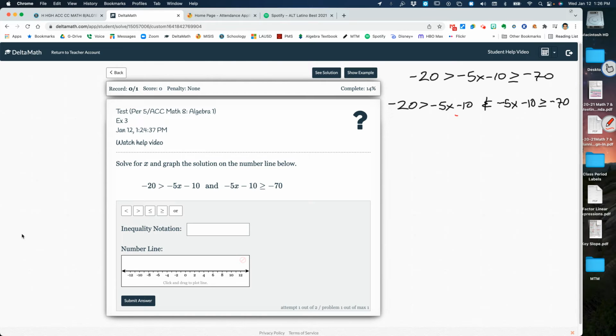Okay, so on both of them I have to add 10, right? So I'm going to do that on both of these. I'm going to work both inequalities at the same time. So I'm going to solve them simultaneously, they call it.